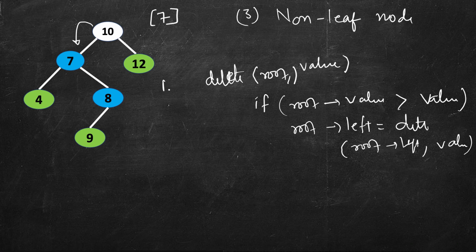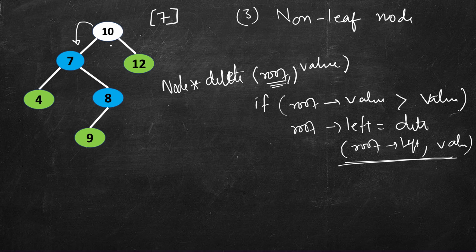So this delete call would return a node pointer, the root node. So in this case 7 was less than the root value, so the left of 10 will become whatever is the root returned by this delete on its left. So we rely on the recursive function to do its job. This recursive function's job is to find and delete a node in the tree rooted at this node.